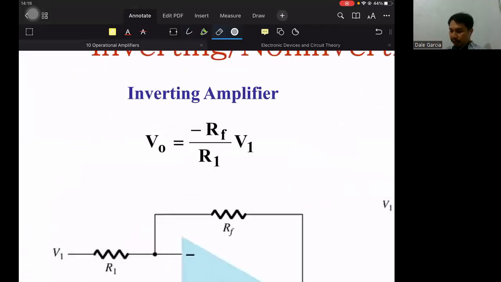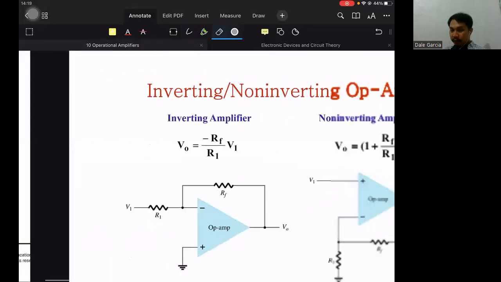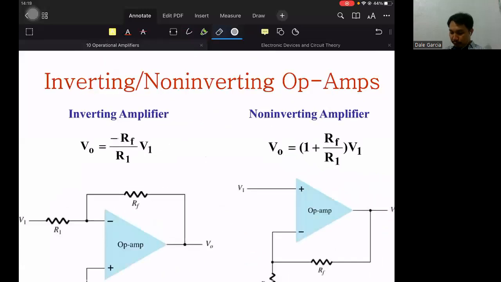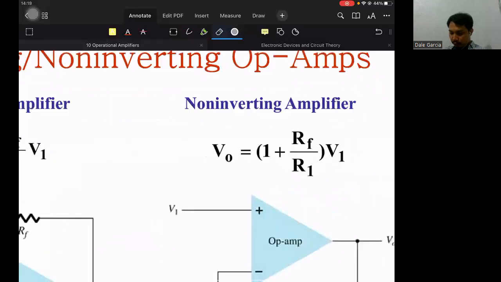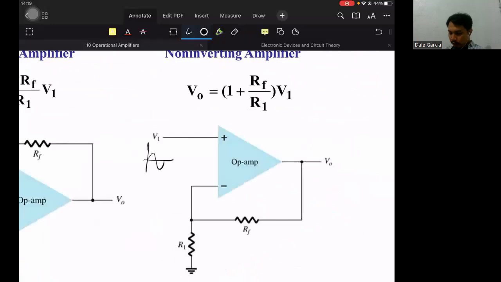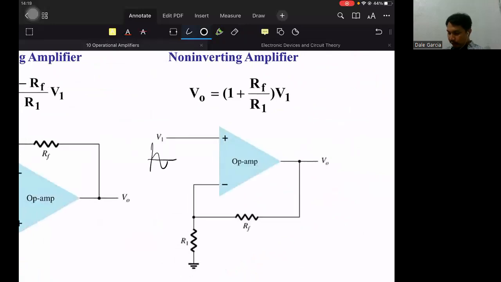As the name suggests, it is non-inverting because whatever the waveform of the input, the output is just an amplified version of that. Same phase, nothing inverted. That's why non-inverting. The output is not inverted.